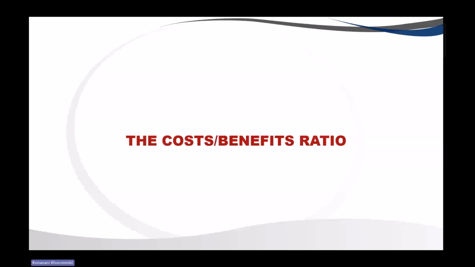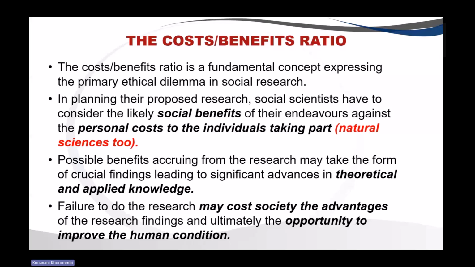In earlier slides, I said the dilemma is that you protect your interest and the interest of others. Now, what is the trade-off in here, and what should a researcher do? In planning their proposed research, social scientists have to consider the likely social benefits of their endeavors against the personal costs to the individuals taking part.